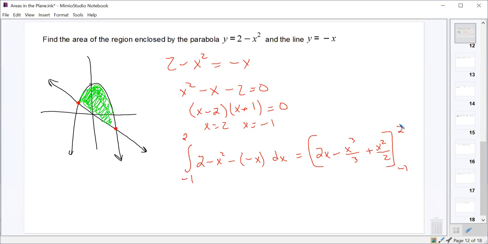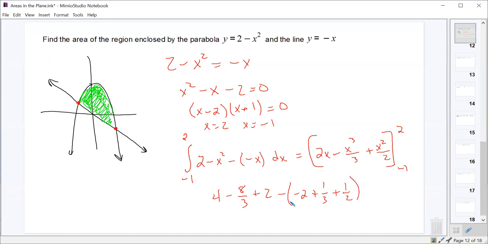Good. All right, and then we just evaluate. So 2 times 2 is 4, minus 8/3, plus 2 minus -2, and then that's a minus a -1/3, so plus 1/3, and then plus 1/2.